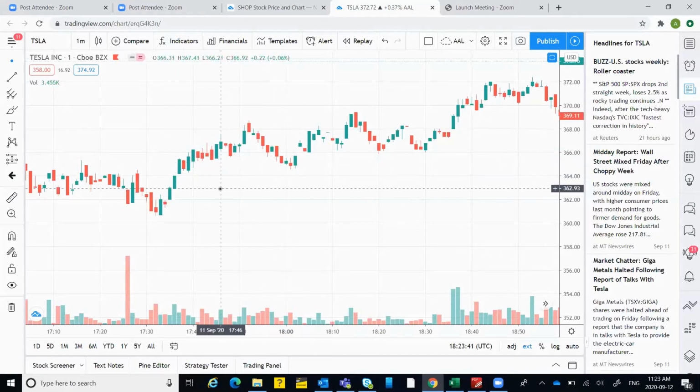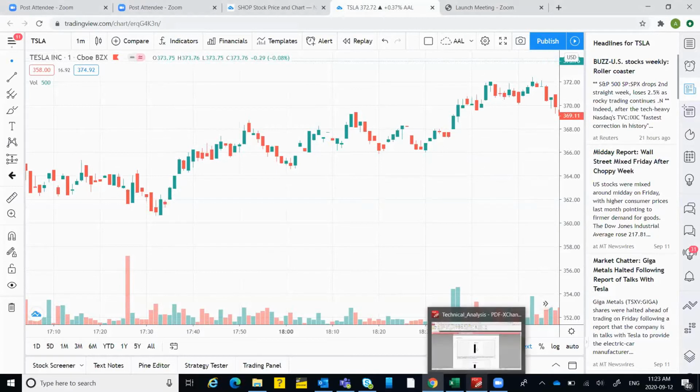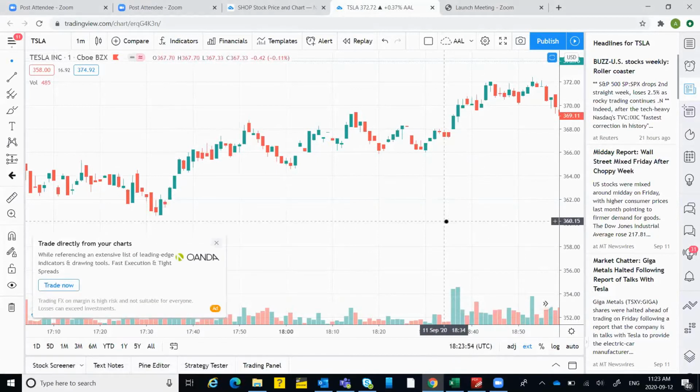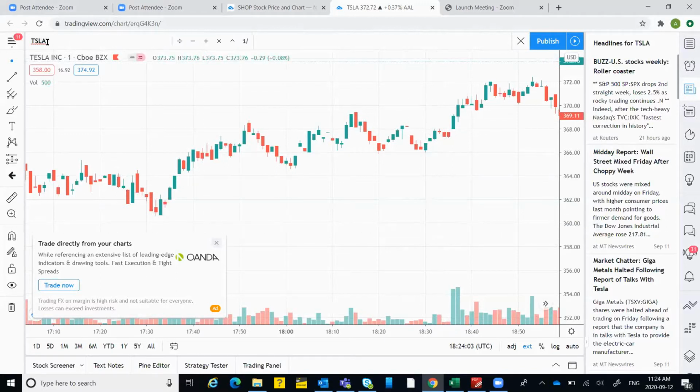If I come across it during our discussion, I will let you know this is the pattern we were talking about. We can start discussing a few of the stocks, and whichever candlestick pattern comes across, we will try to name it and see how it is behaving and what influence we are getting from it. Let's start with a few of the remaining stocks that we need to analyze.